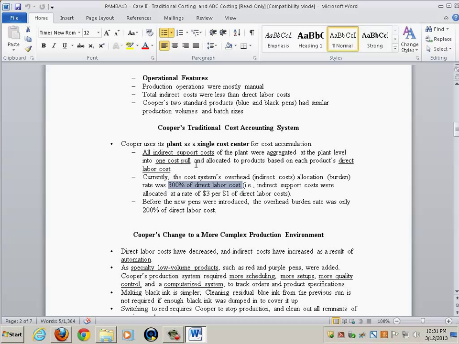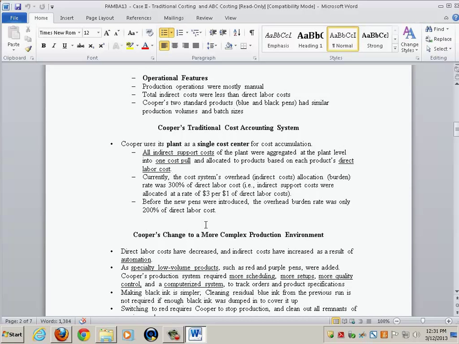So for each $1 of direct labor cost in each type of pen, you allocate $3 of indirect costs. In other words, the assumption is that the ratio is 3:1, and the ratio is the same for all types of pens, which need not be the case. But it's as simple as they call it, a quick and dirty assumption, which is typical of traditional cost accounting systems.